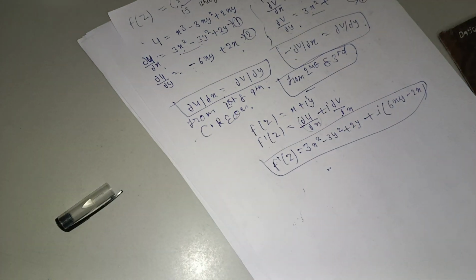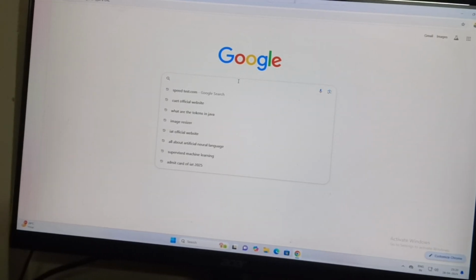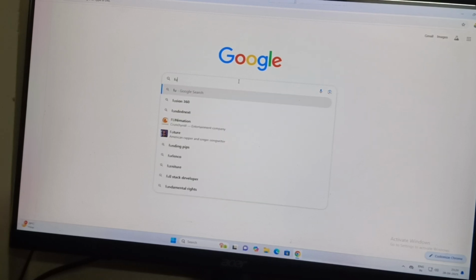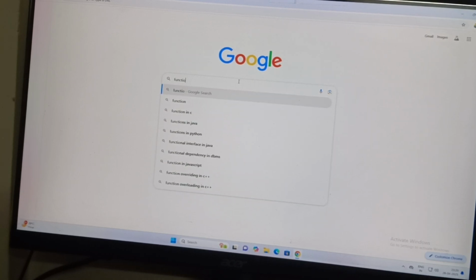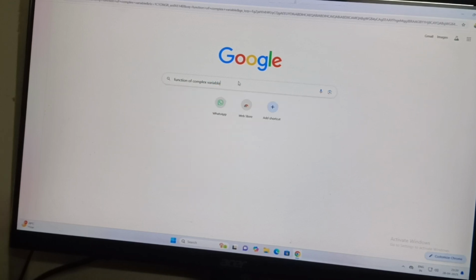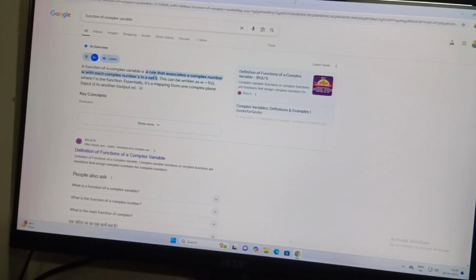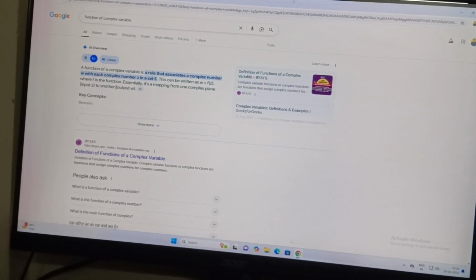Okay, so let's discuss. Now we will search in Google what is a function of a complex variable. As we can see, a rule that associates a complex number w with each complex number z in a set S. This can be written as w equal to f of z, which I have told you already.